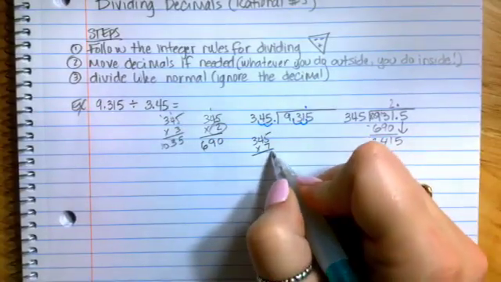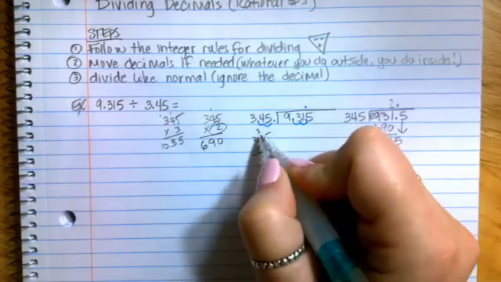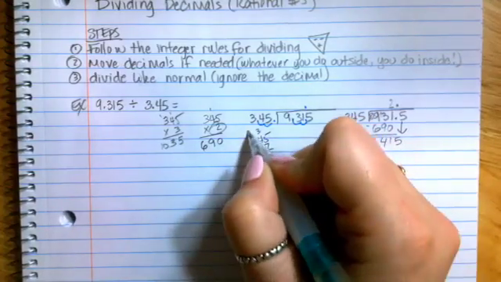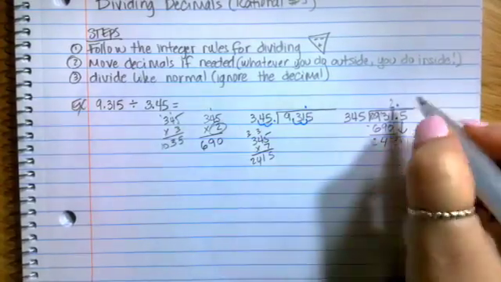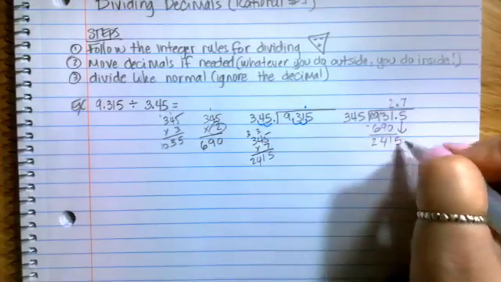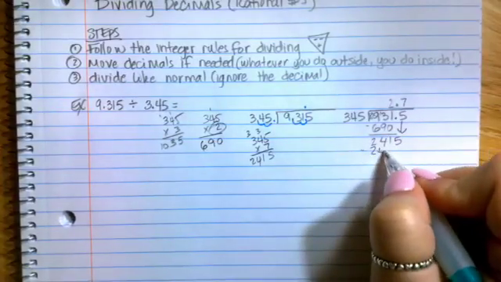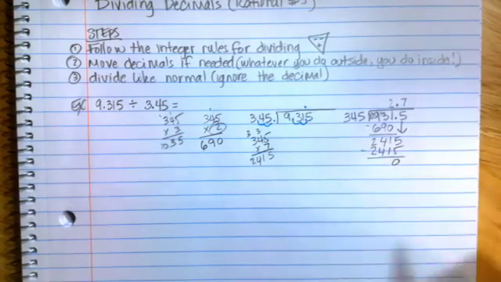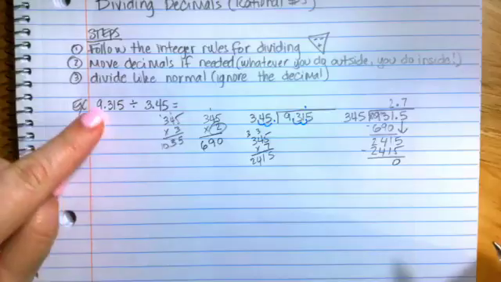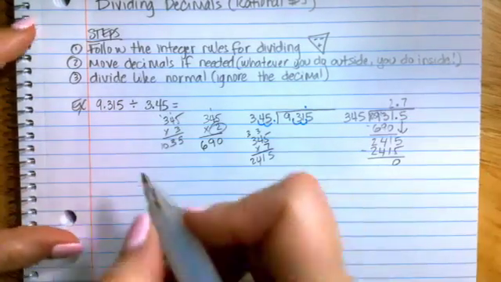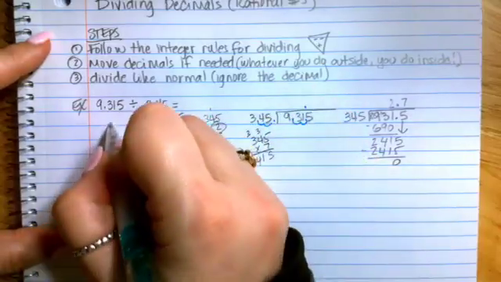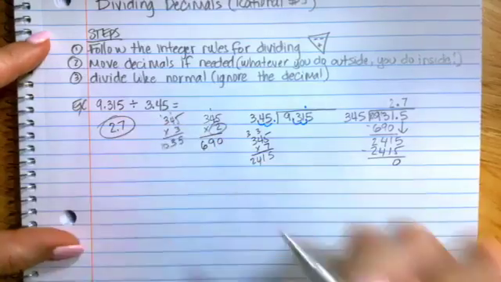I'm going to prove it. 35, 28, 29, 30, 31. 21 plus 3 is 24. Look at that. So 7 goes over the number I brought down. Subtract it out, and I get 0. Okay, now both numbers were positive here, so that means my answer is going to be positive. So my solution is 2.7.